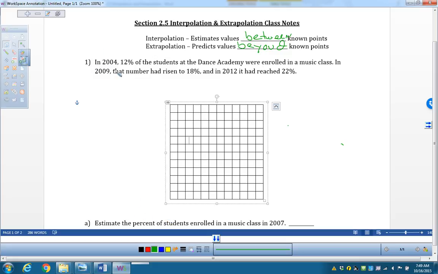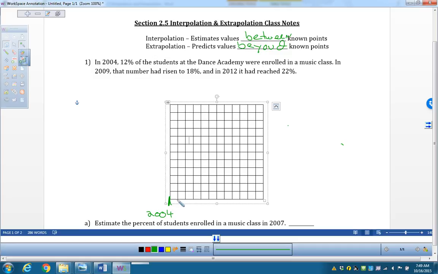So what I would do is start here and call this year 2004. They talk about 2012 and 2009. I guess we have enough room to count every box as one, don't we? Yeah, we do.